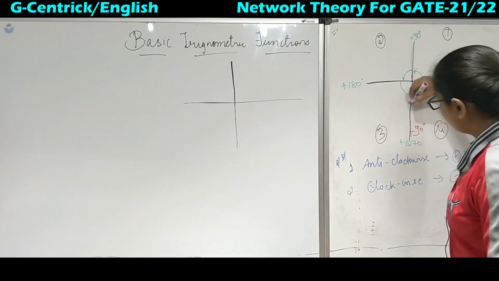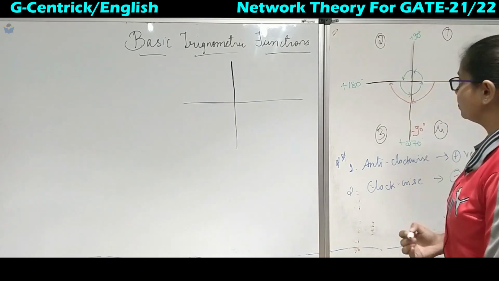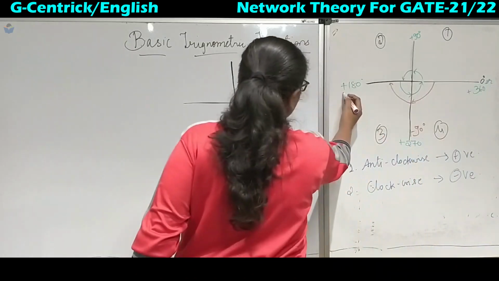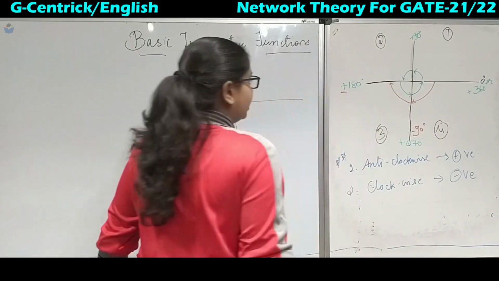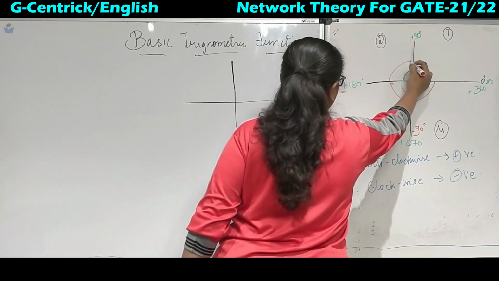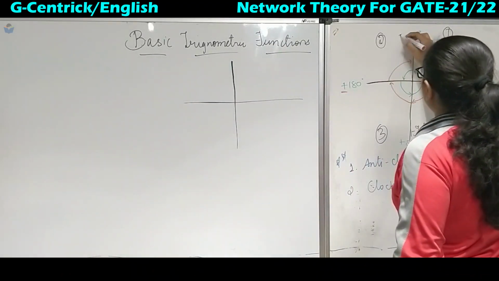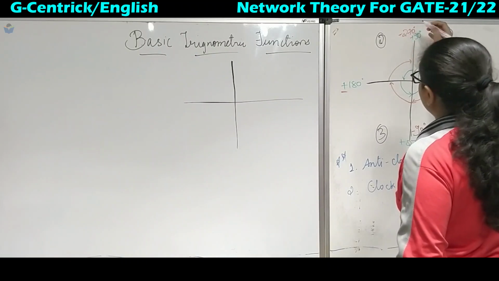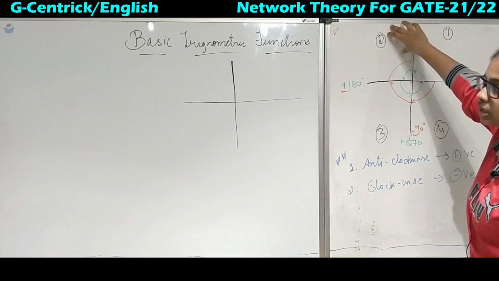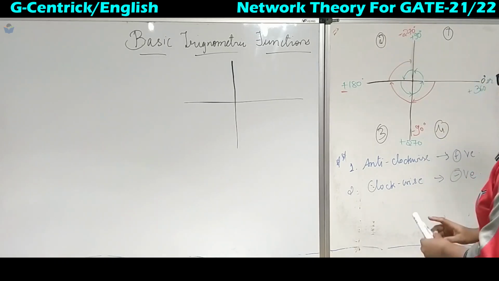Okay, now again I will move in the clockwise direction, another minus 90 degrees, so I will get minus 180 degree. Again I will move 90 degrees, for this I will get minus 270 degrees. So minus 270 and plus 90 degree both indicate the same value.